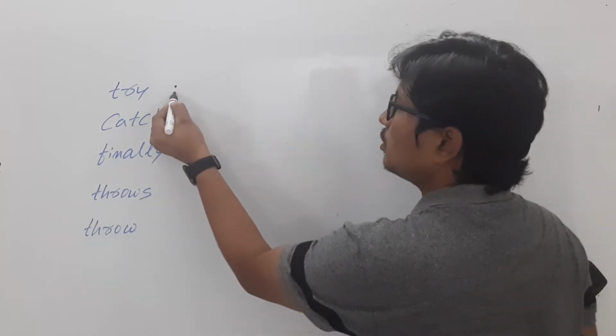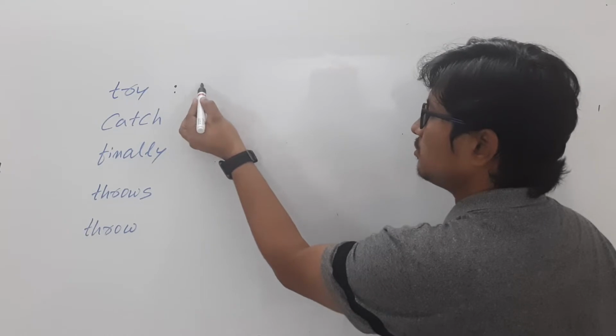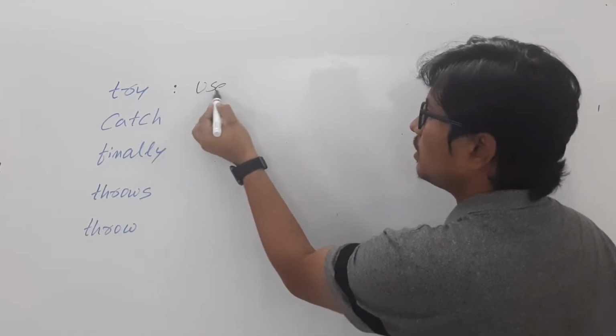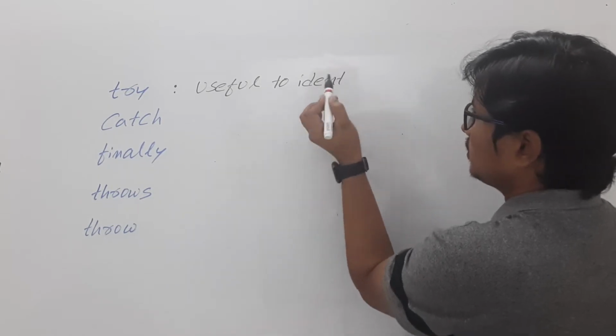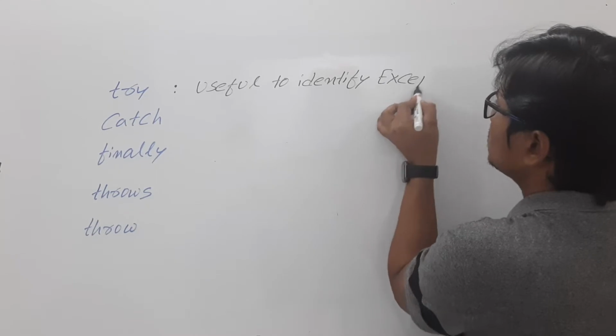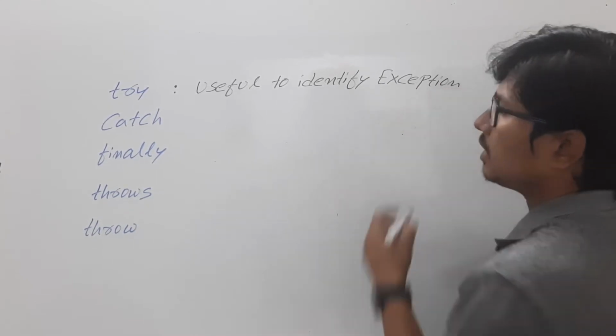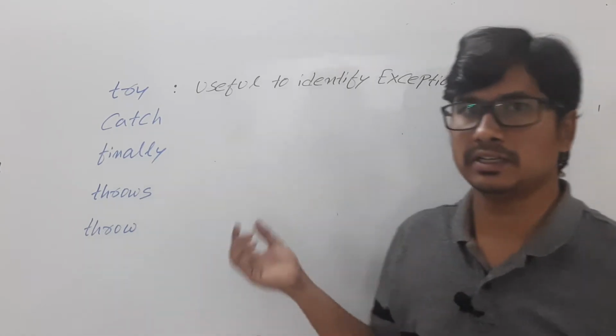The try keyword will be useful for you to identify the exception. Once there is an exception or a runtime error, it will verify which exception has occurred.